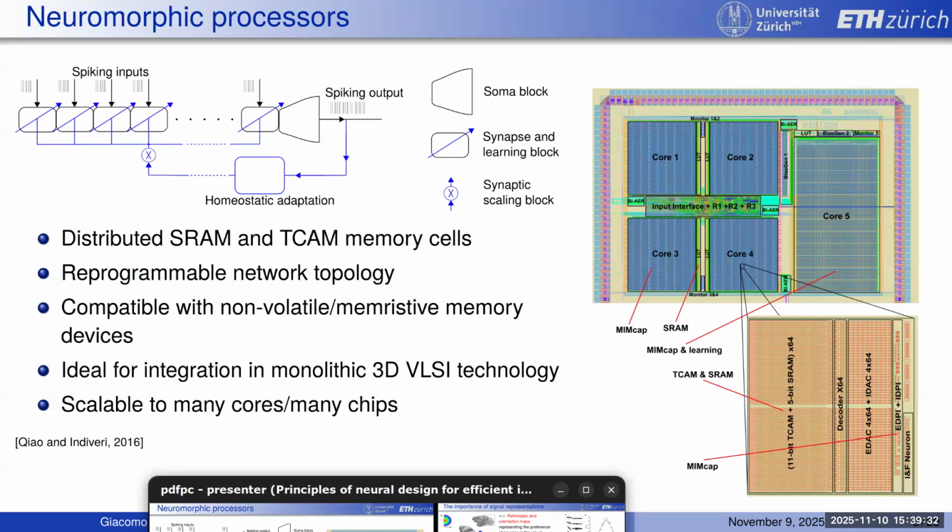Otherwise, if you don't use this approach, the heat would be so big that as you make things bigger and bigger, the temperature would just start to melt everything. And so Kwabena has the recipe for using subthreshold analog in 3D, in which the volume grows with a factor that is less than the heat. And this is the solution. This Carver Mead type of neuromorphic is the solution, together with the memristors to replace the memory.